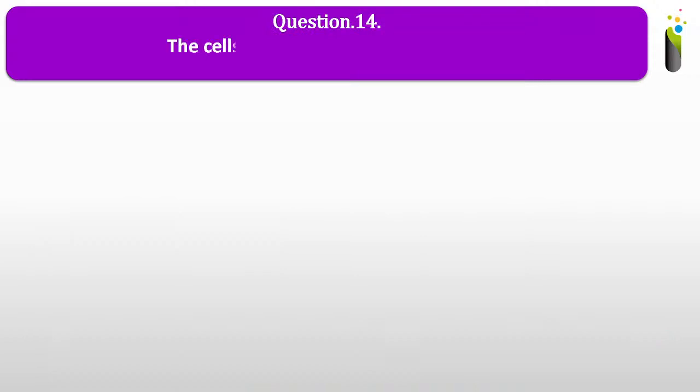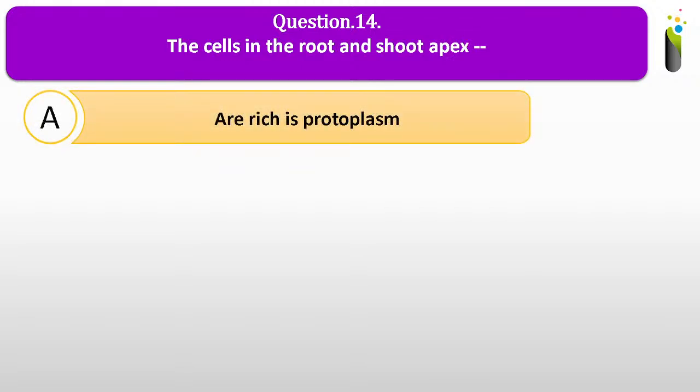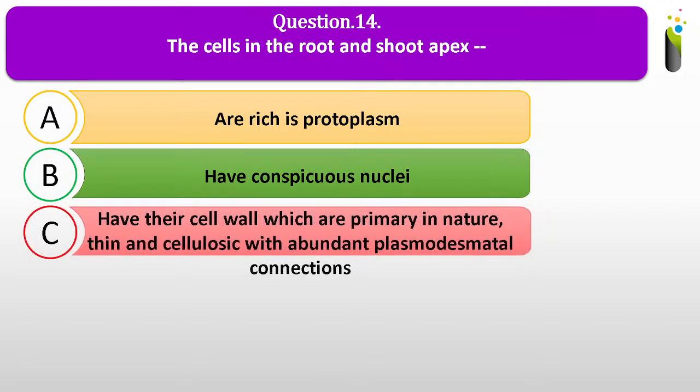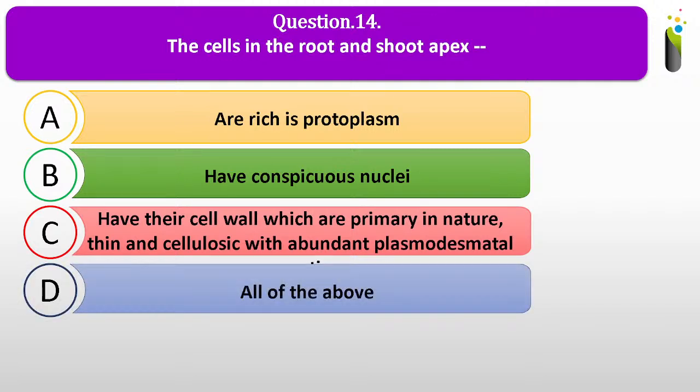Coming to the next question, number 14. The cells in the root and shoot apex dash: A, are rich in protoplasm. B, have conspicuous nuclei. C, have their cell walls, which are primary in nature, thin and cellulosic with abundant plasmodesmatal connections. D, all of the above.